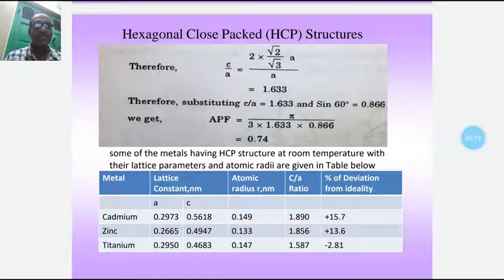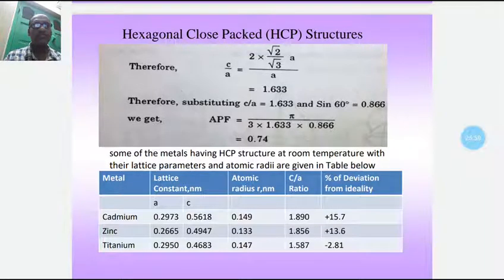So lattice parameter A in nanometer is given and C height is given in nanometer. For cadmium 0.2973 and C value 0.5618. Atomic radius again given in nanometer, that is 0.149, and C by A ratio is 1.890. Now the percentage deviation from ideality, if we consider ideal HCP structure, that is plus 15.7%.